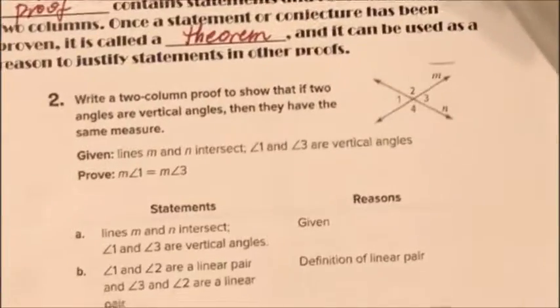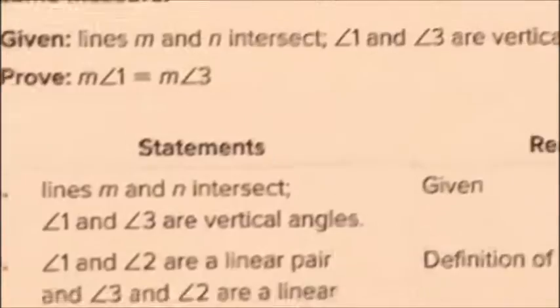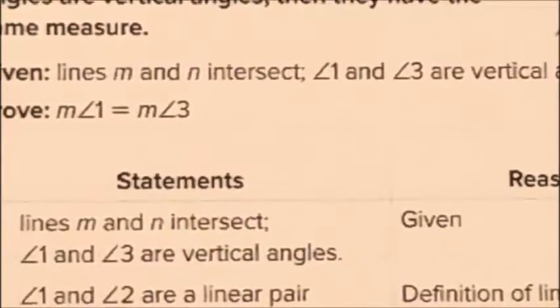So let's look at example number 2. Example number 2 says write a 2-column proof to show that if two angles are vertical angles, then they have the same measure. So I'm given lines M and N intersect.